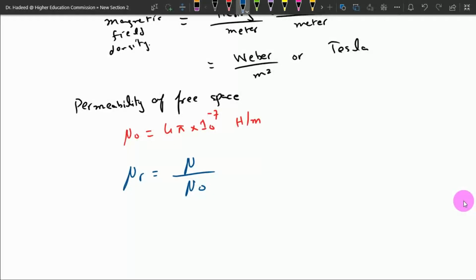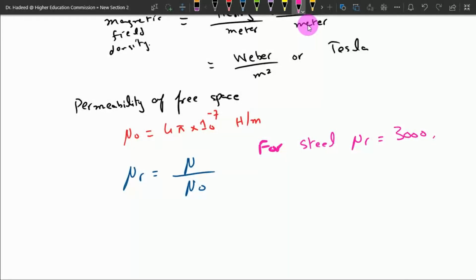Now how can we interpret the relative permeability of a given material? For example, I say that for steel, mu r is equal to, let us say, 3000, right?